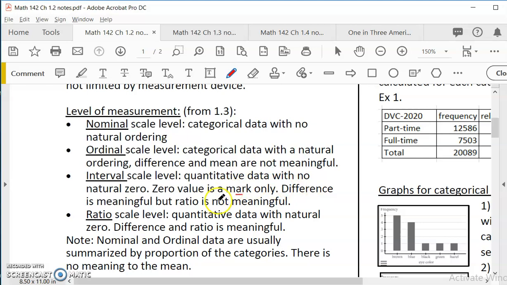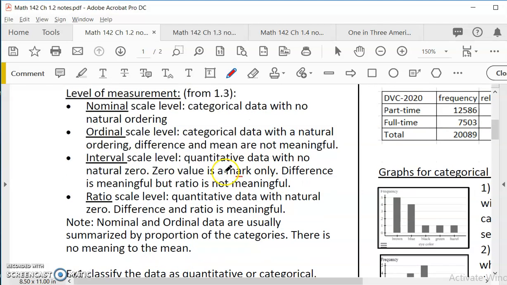So difference is meaningful, but ratio is not meaningful. The example that I can give is temperature. If you say zero temperature, does it mean that there is no temperature? No, it's just that it is at that point at zero. And -1 is 1 degree below zero. -2 is 1 degree below -1.